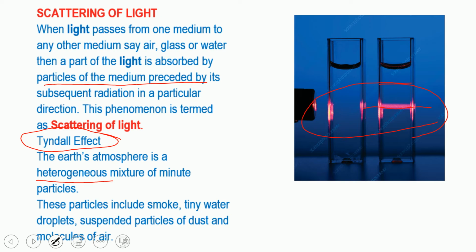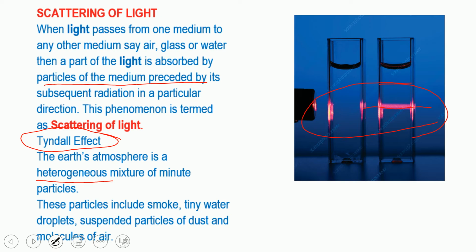Heterogeneous means the concentration of the particle may not be the same everywhere. Somewhere the concentration may be more, sometimes it may be less. So it is called heterogeneous.